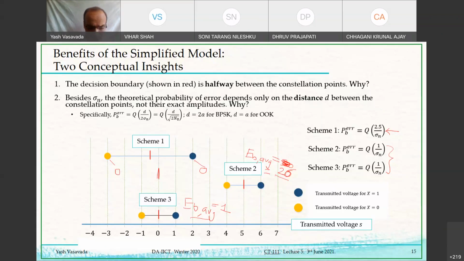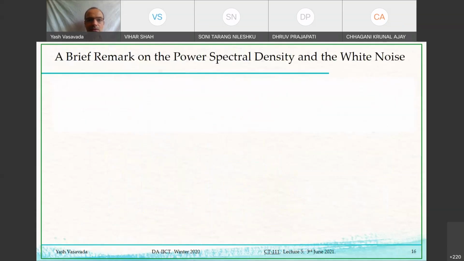Does that make sense? So you see there is some conceptual understanding we can get by focusing on what is ultimately driving the performance of our system. Before we proceed, I will take a small break, and then we'll go over the remaining topic for today.